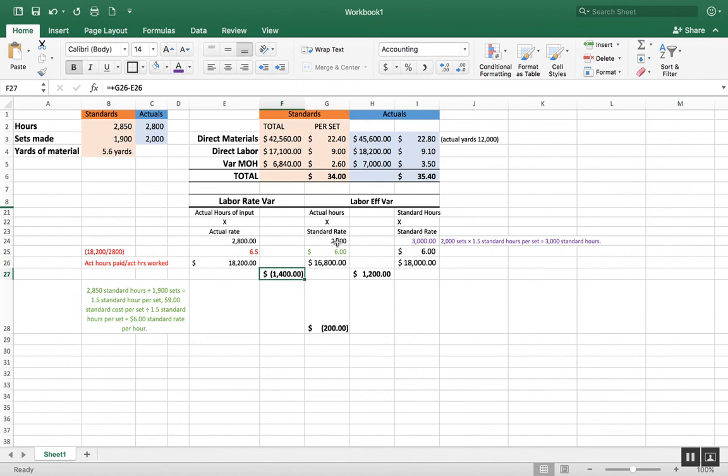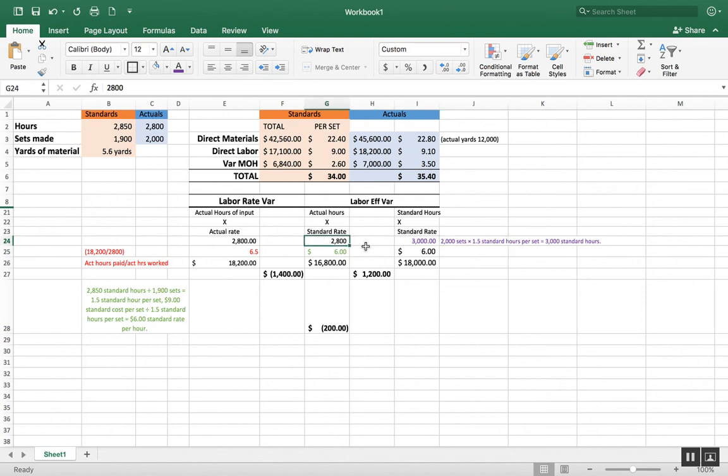So then over here, the standard hours is, again, kind of the confusing part, because what we need to find out is, great, we made 2,000 sets. Each of those sets should have taken us an hour and a half per set. So we should have used 3,000 standard hours.